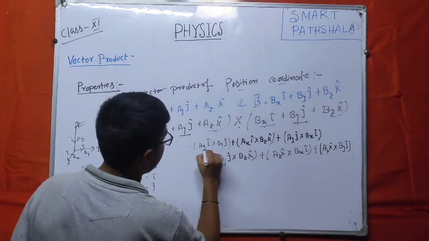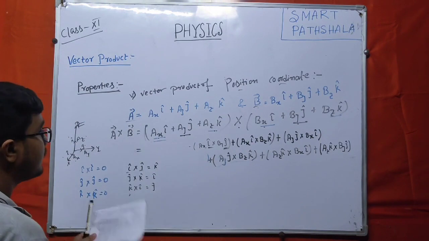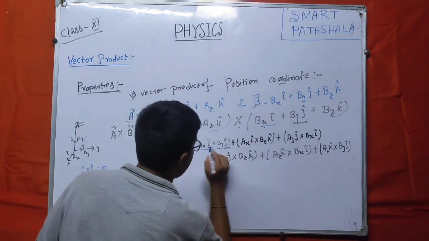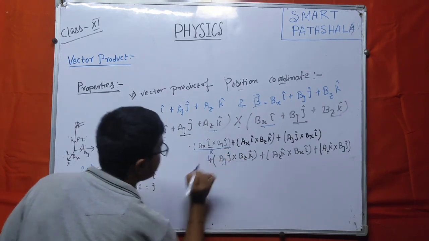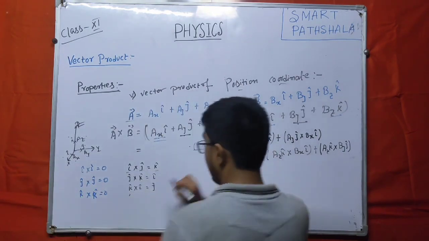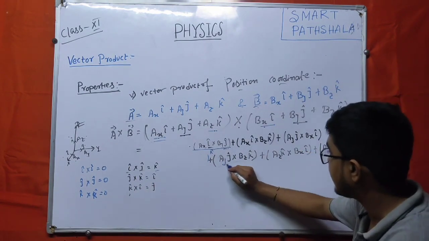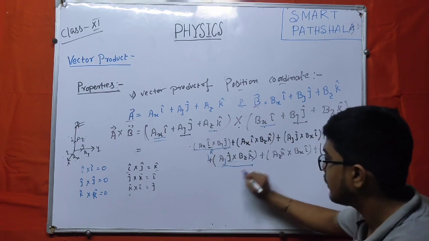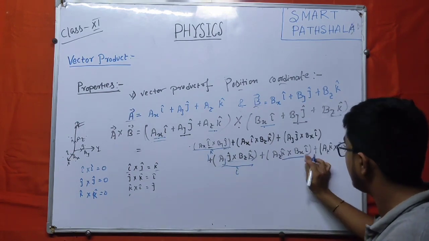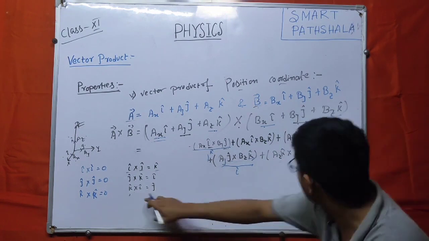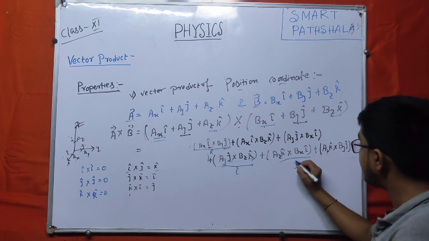Here it is ij. For this part we can write I cross j, that is k cap. Here find jk. Here is jk. For this part we can write I cap, and for k cross I we can write j cap.